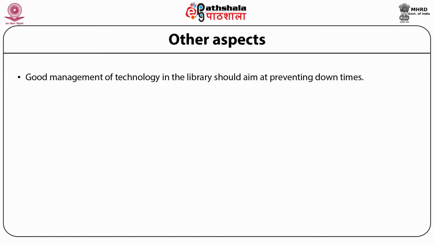Second, accidental theft or loss of devices can happen in libraries. As we have discussed, today technology is shrinking, devices are shrinking, and with that, there is a possibility of loss of devices, and accidental thefts happen.